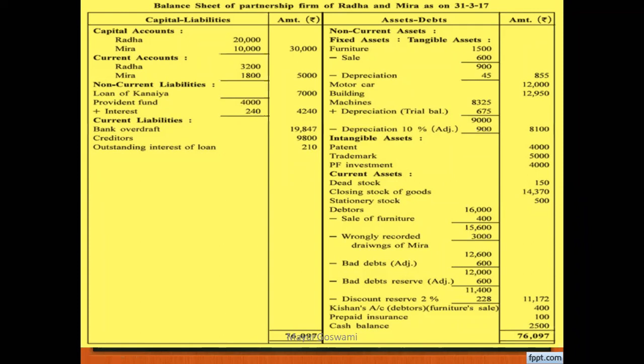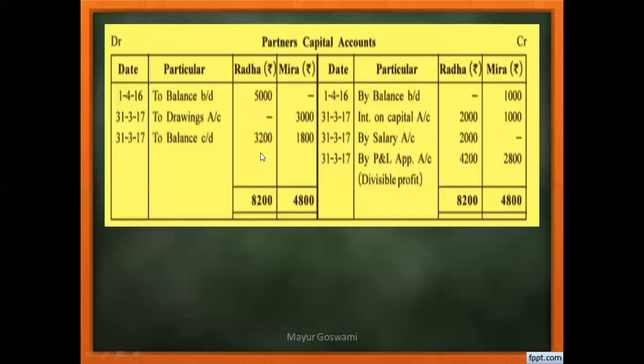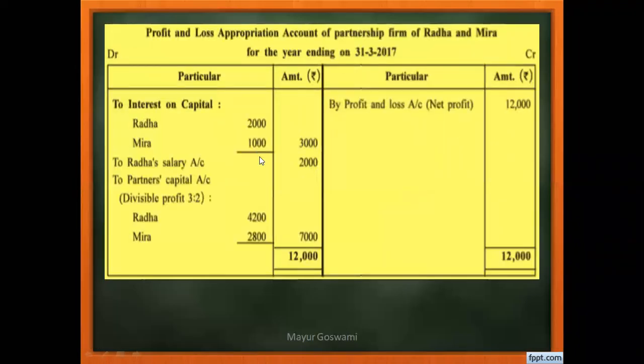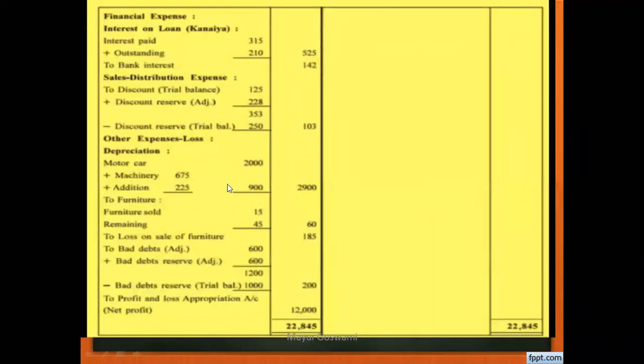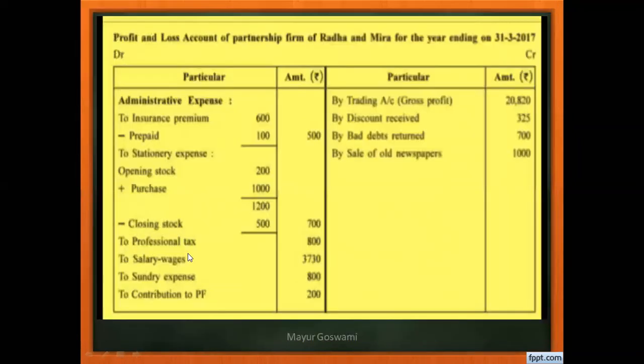Then on the debit side, we have contribution to PF, which is our expense. So come to the P&L debit side, write down contribution to PF, outer column 200 rupees.